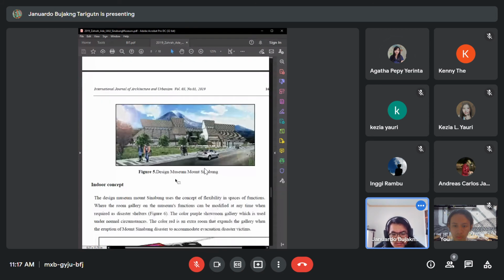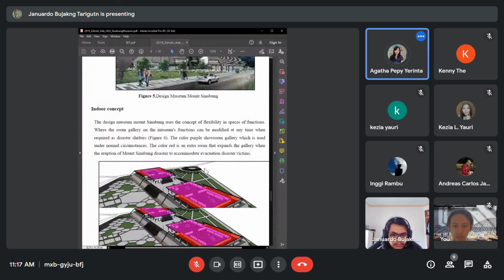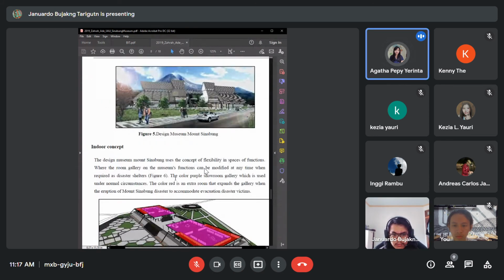Can you tell me what is the definition of neo-vernacular? What is actually neo-vernacular?